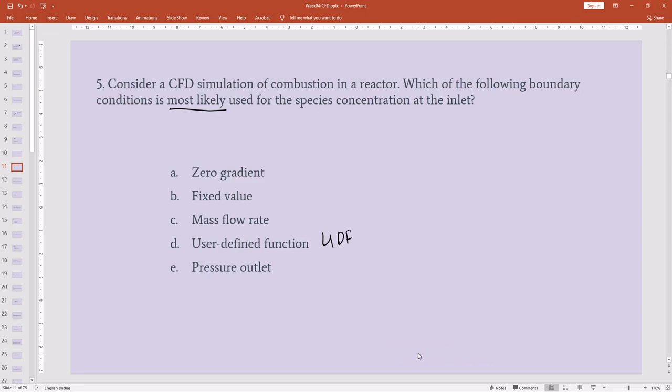So among the five options, which is the best suited inlet boundary condition for a species concentration equation? You can inbox your answers.